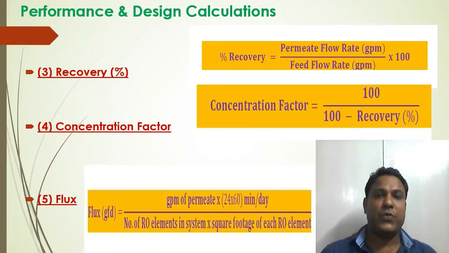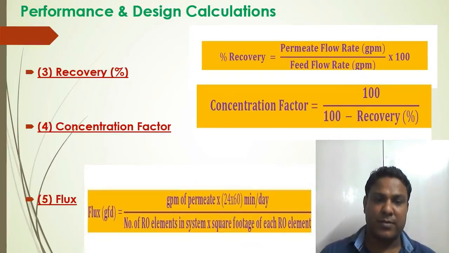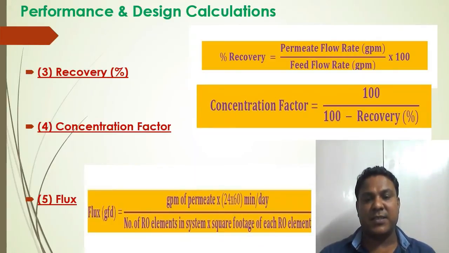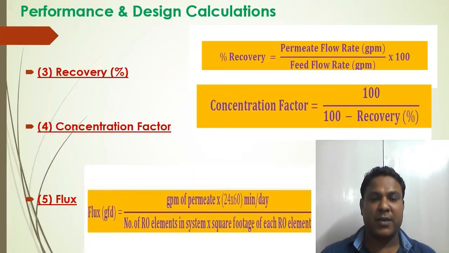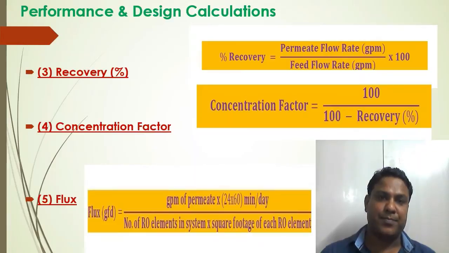Another parameter to indicate the performance of an RO membrane is recovery, expressed as percentage recovery. Percentage recovery is the amount of water that is being recovered as good permeate water. Another way to think of percent recovery is the amount of water that is not sent to drain as concentrate but rather collected as permeate or product water.